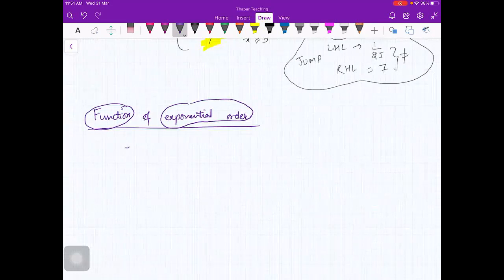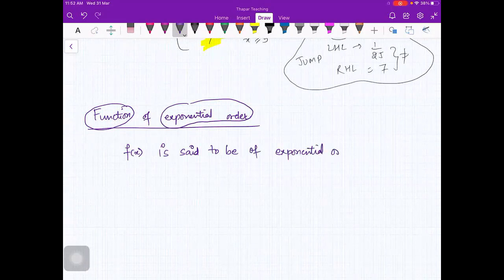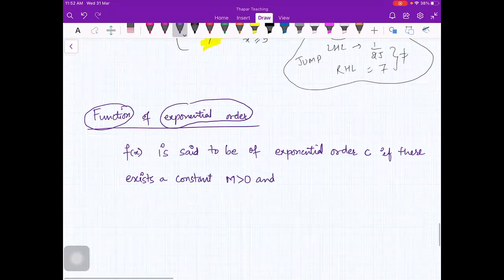Definition is, you have a function f of x is said to be of exponential order c if there exists a constant m greater than 0 and a real number x1. पहले मैं लिख रही हूँ, then I'll tell you what is the meaning of each term which I have written.